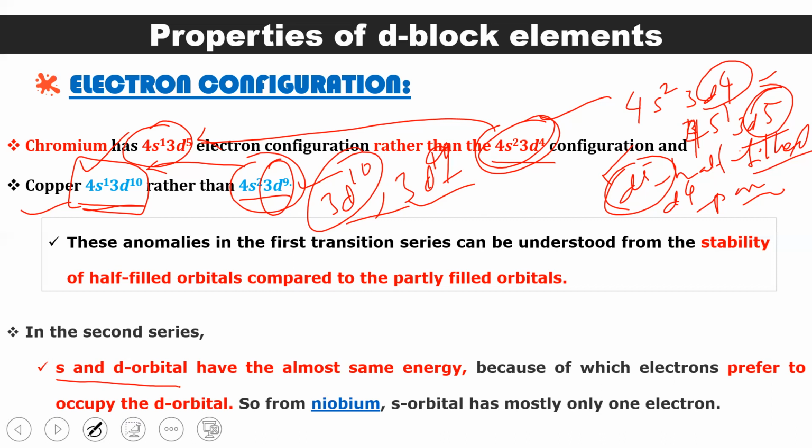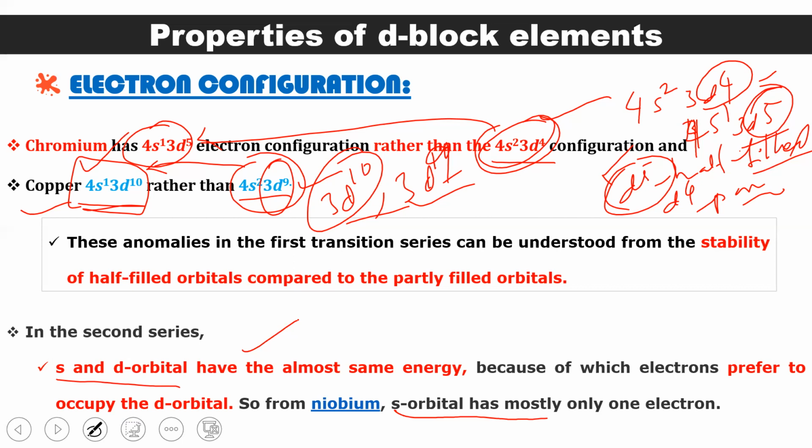That is why the s orbital mostly has one electron. The elements from niobium onwards have only one electron in the s orbital. See, the s and d orbitals have almost the same energy.